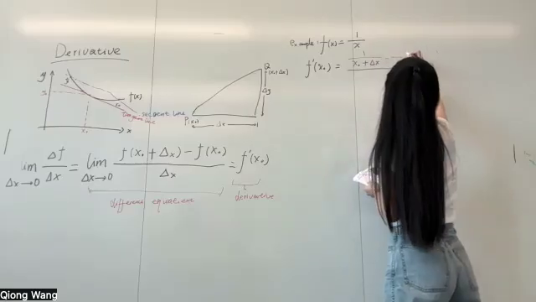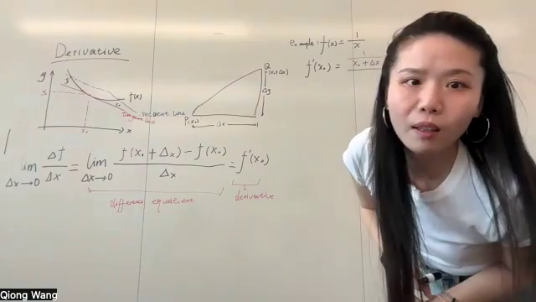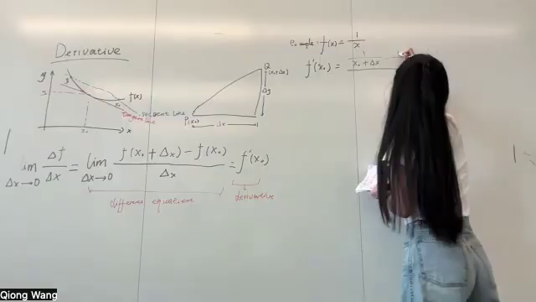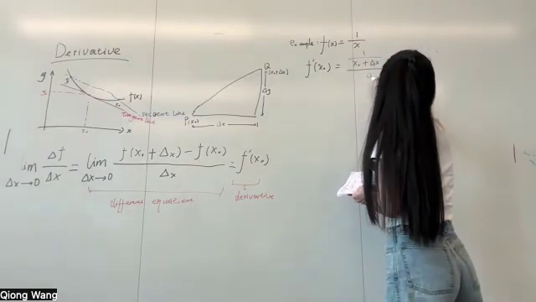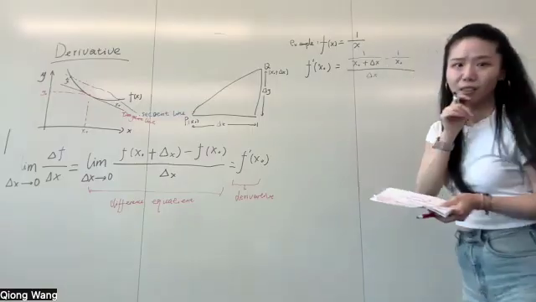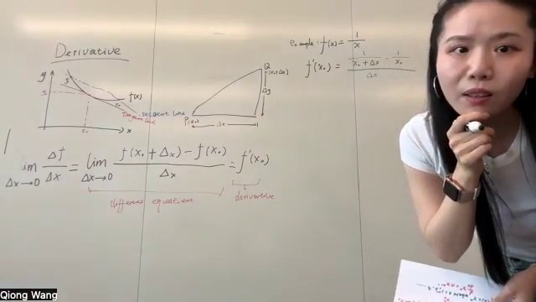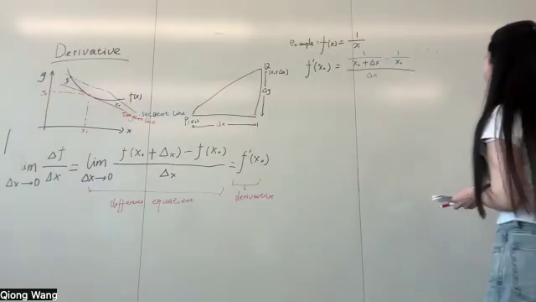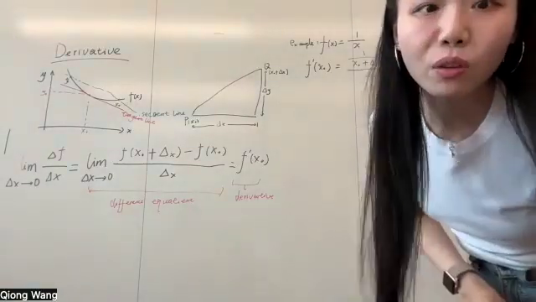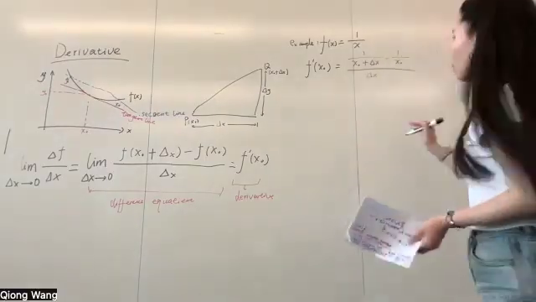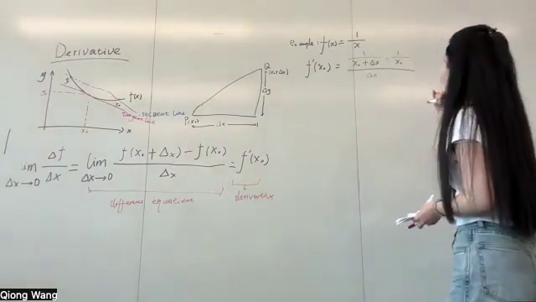But you should include the limit in front of it. I think we need to put the limit after all the calculation.